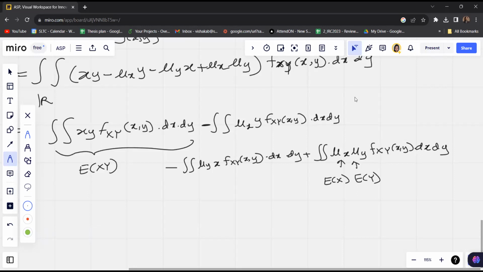So what is left afterwards? What is the total value of the other integration? It's just one. Yes. So once you take E[X]E[Y] to the outside, you are left with the integration of a probability density function over the total range over which it is defined, right?